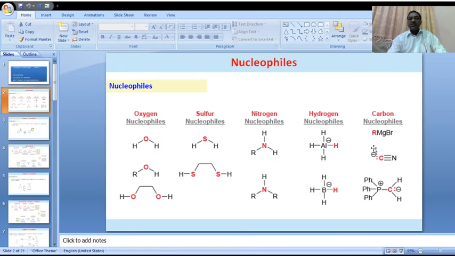Triphenyl phosphonium ion is also one of the examples of carbon nucleophiles. These are all various types of heteroatom containing nucleophiles. Is it clear? Based on these nucleophiles, we will discuss various reactions.